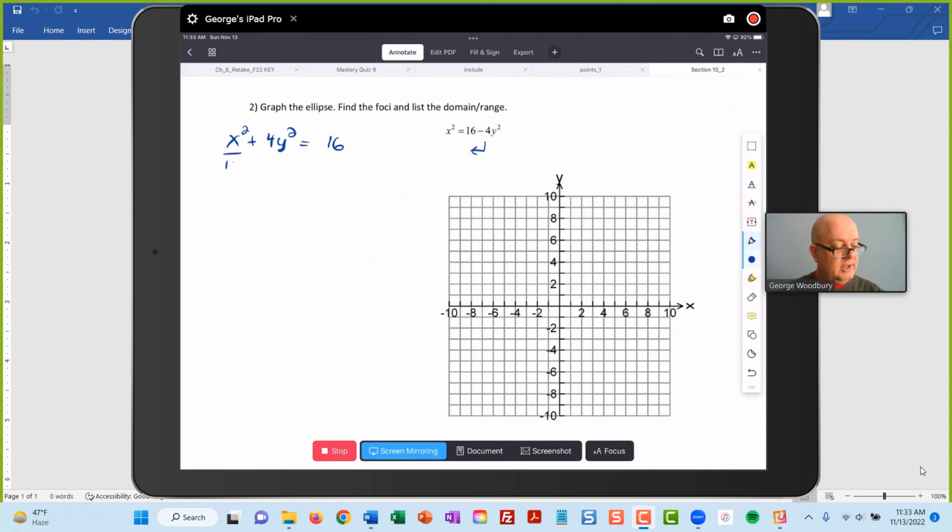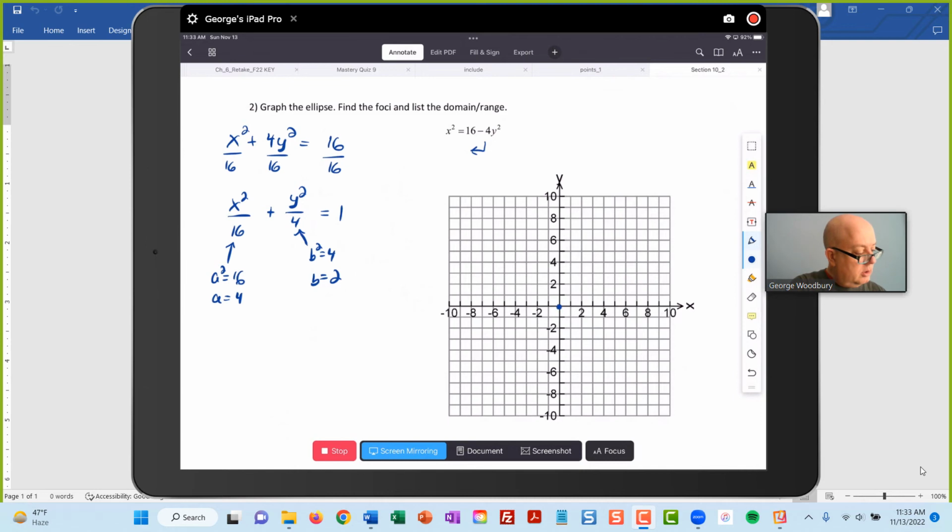Divide through by 16 to get it into standard form. We've got x squared over 16 plus y squared over 4 equals 1. A squared is 16, so that means that a is 4. B squared is 4, so that means that b is 2.